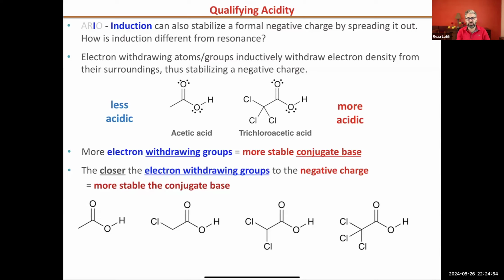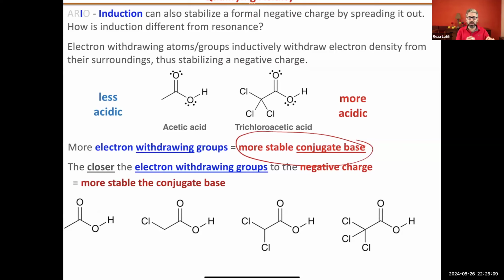The more electronegative element you have, the higher stabilization you will see with the conjugate base. Listen carefully again. The more electron withdrawing group, or electronegative group, you have, the higher stabilization you will see. Why do I keep saying higher stabilization, or that the conjugate base will be more stable?